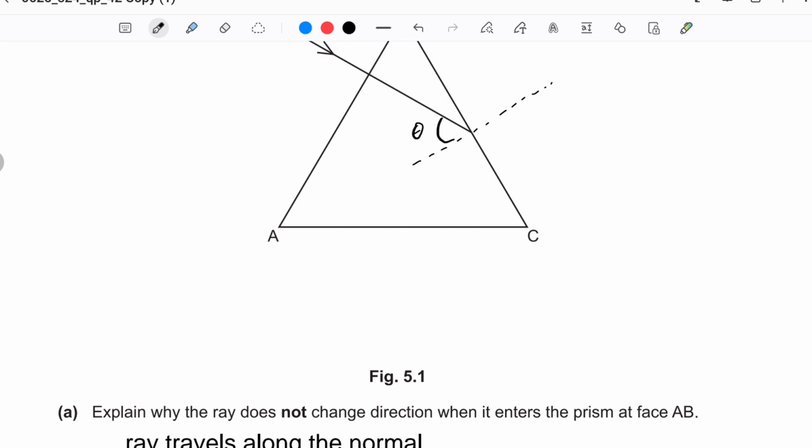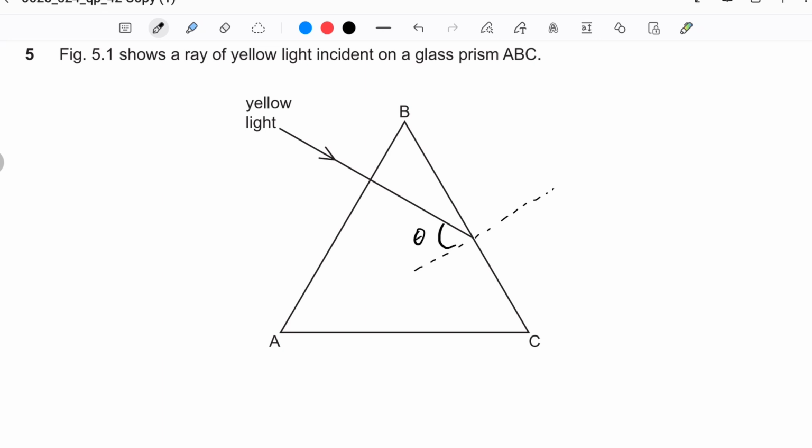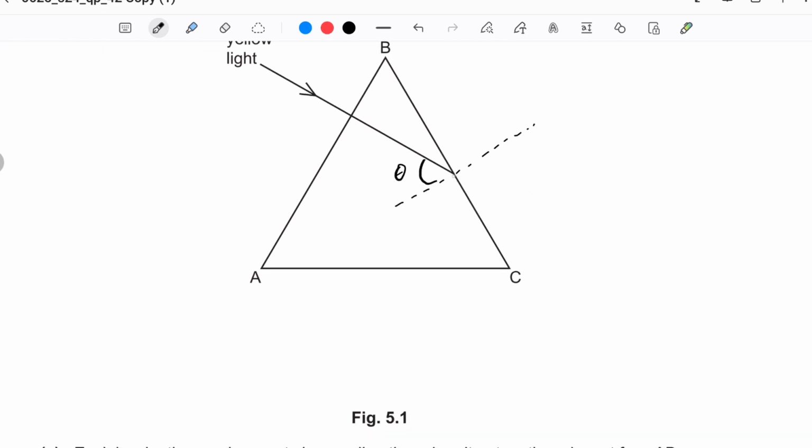Well, there are 3 possibilities. One is that the ray could travel like this, the other possibility is it could travel like this, and this is the third possibility.